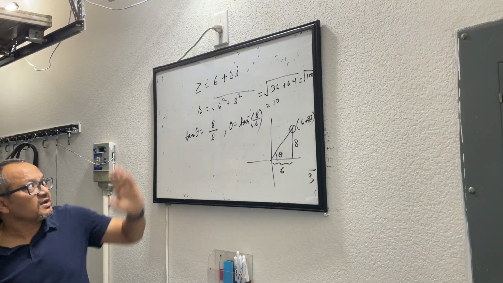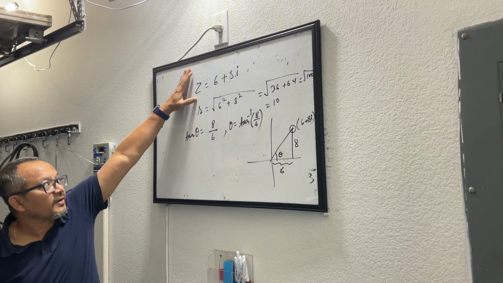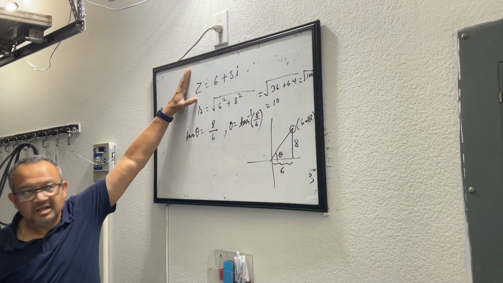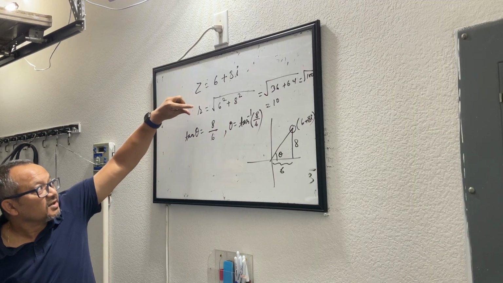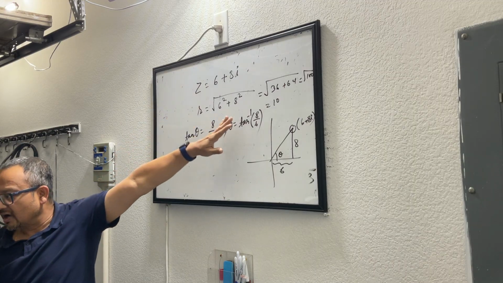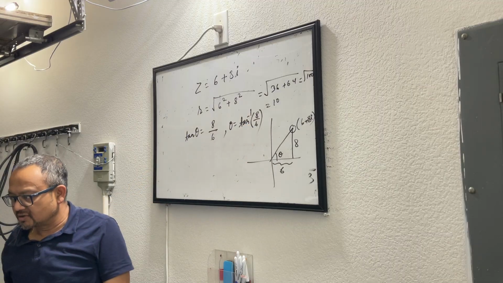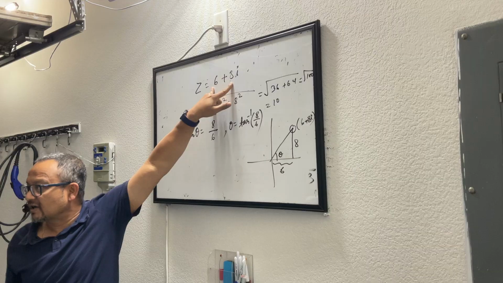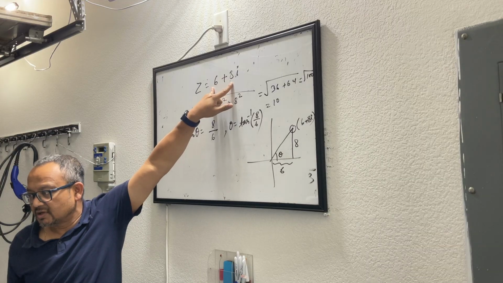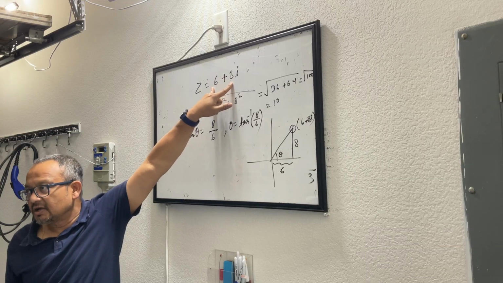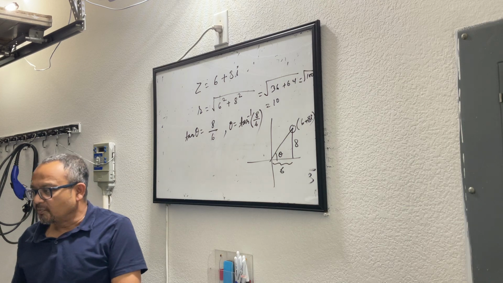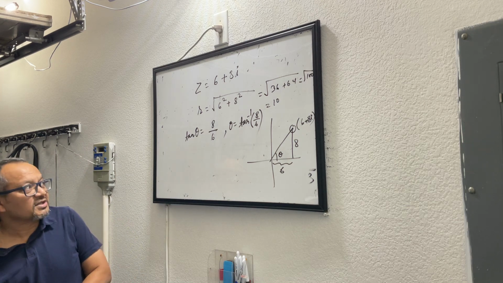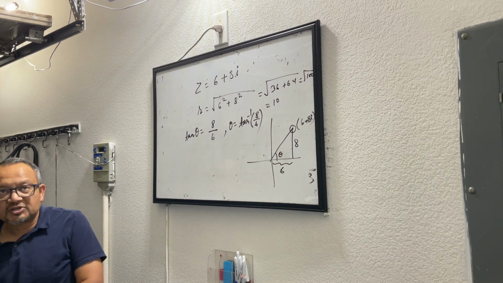So just by having a complex number, you would be able to find out what is the magnitude and what is the argument of the complex number. So we saw this form is called the rectangular form of a complex number. Now we are going towards the polar form, and polar form is just another form to represent that using the magnitude and the argument.